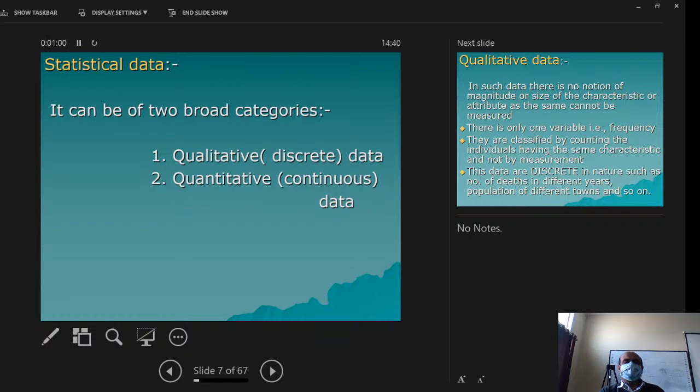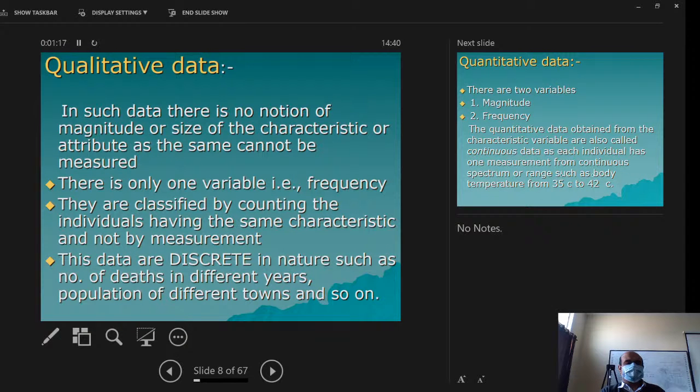There are two types of data, qualitative data and quantitative data. Quantitative data can be quantified. The qualitative data is in non-quantifiable, non-number form. Briefly, in such data there is no notion of magnitude and size of the characteristic or attribute, as it cannot be measured.